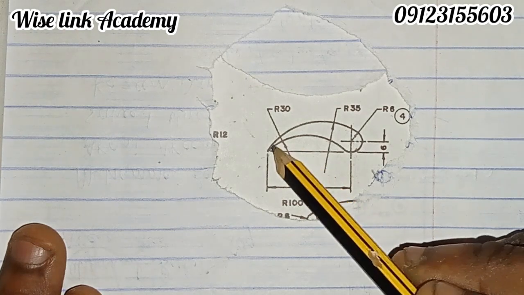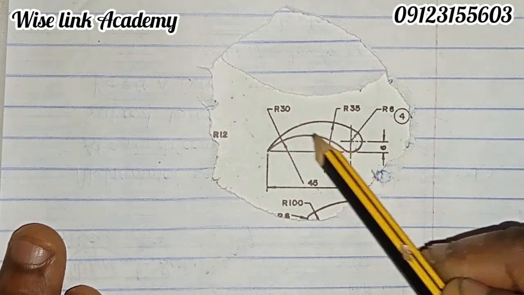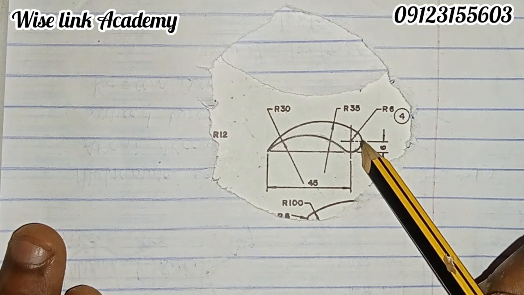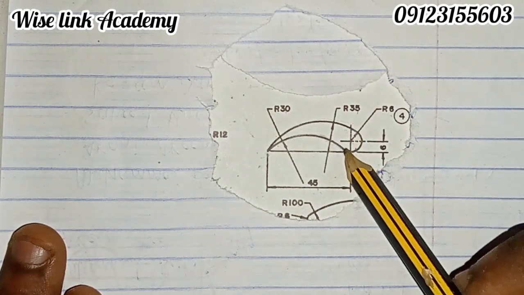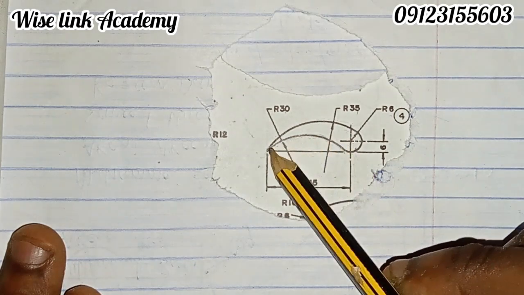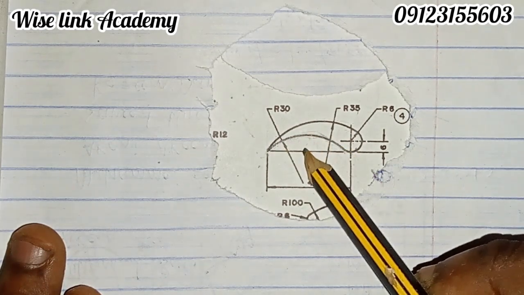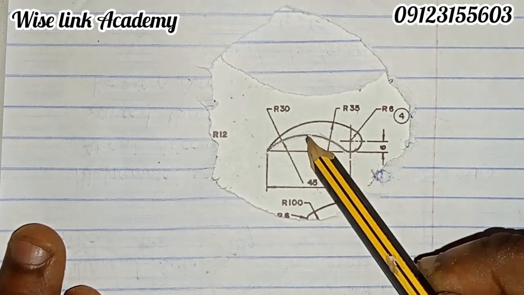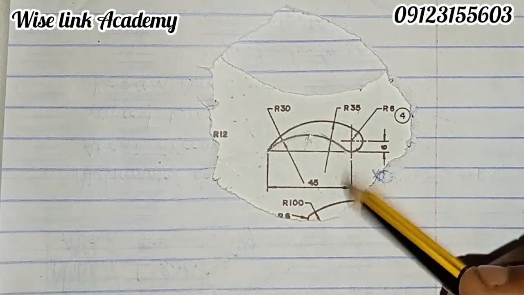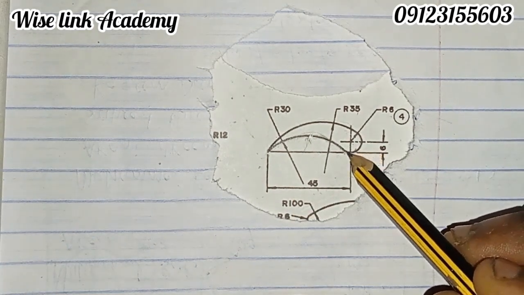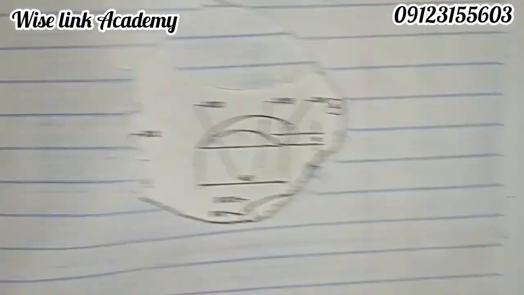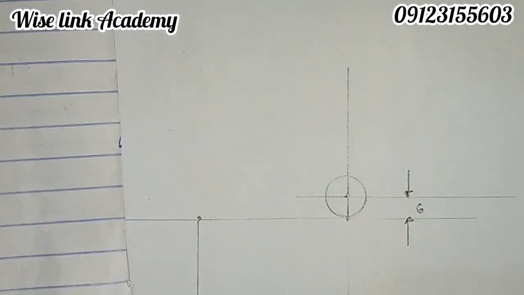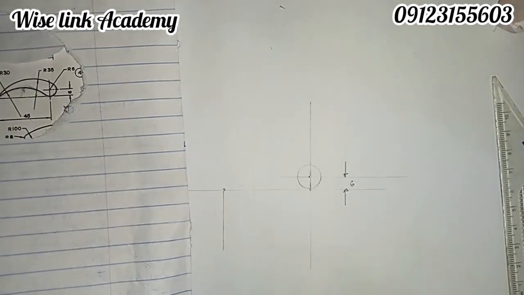The radius of this arc seen here is 30, and this one you're seeing upward is 35. So let's draw it down first. This arc is showing a hole, isn't it? Whenever I see a hole, you fill the hole. That is, the radius of this arc is 6. So that will give us what? You come here. Let me show you what I want to do now.